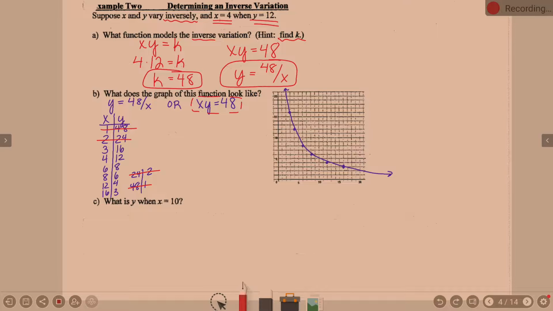What happens? 2 positives multiply to be a positive, and how else do you multiply to be a positive? 2 negatives. Now, I'll be honest, I'm going to skip the 48s and the 24s this time. I'm going to go down to 3 and 16. If it was positive 3 times positive 16, we also need to think about -3, -16, -4, -12, negative 6, negative 8, negative 8, negative 6, negative 12, negative 4, negative 16, negative 3.